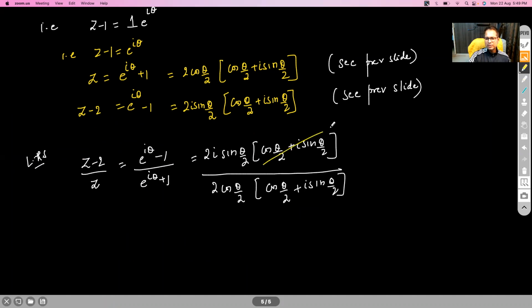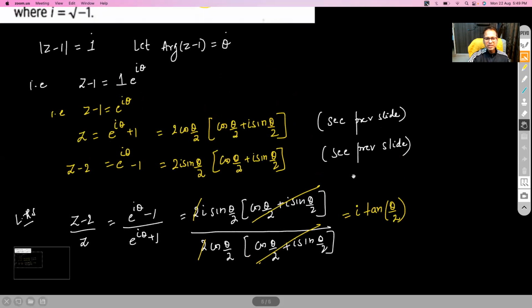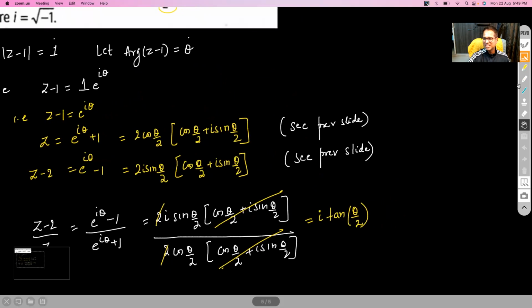Now these two will straight away get cancelled. 2 will also get cancelled. So what will I be left with? I'll be left with i tan(theta/2). Now, is theta by 2 my argument of z? Let's check it out here. My z was this, and in the previous slides I discussed that this is the modulus and theta by 2 is the argument.